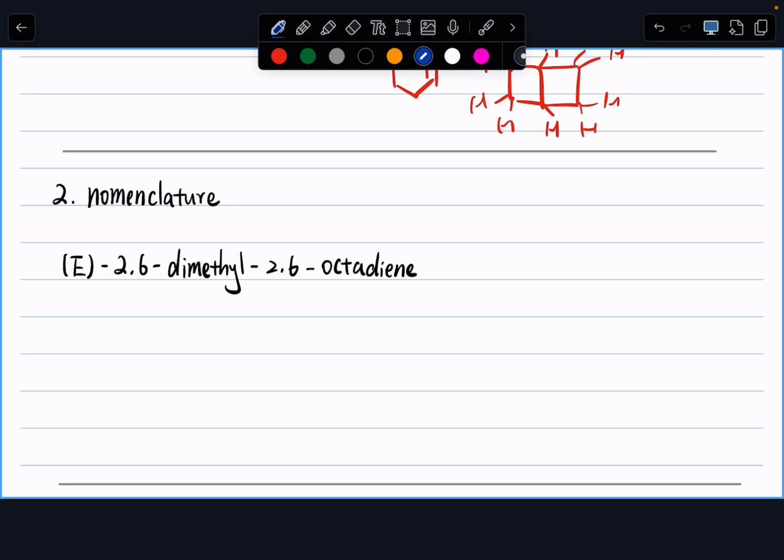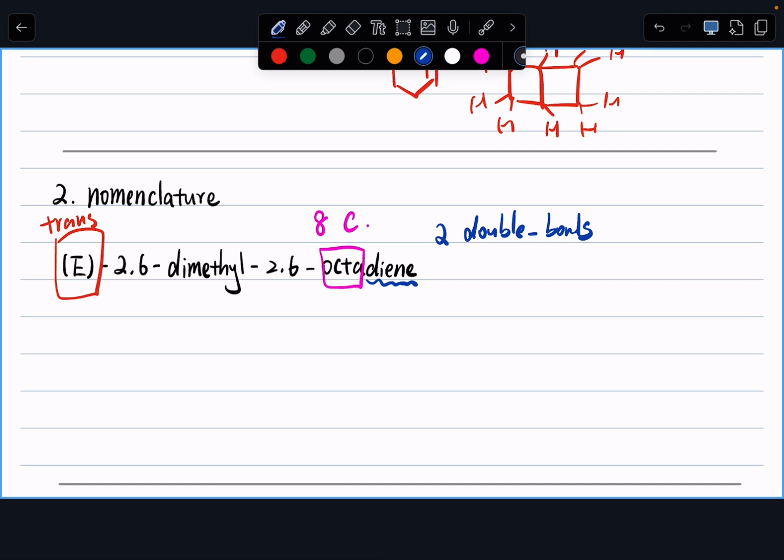So we read it: this one is an octadiene, and that means we have 2 double bonds. Octa is saying we have 8 carbons in my main chain. And then E here is saying my double bond has the trans configuration of the higher priority groups.